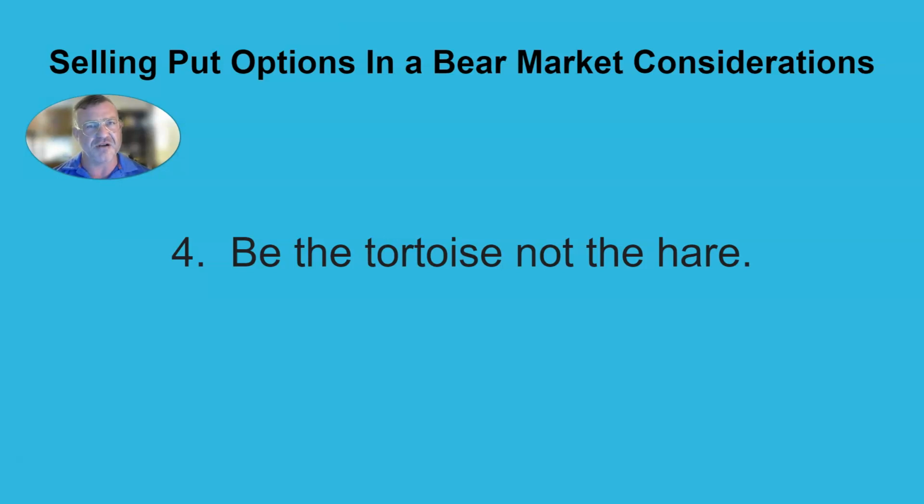Especially if you're a beginner, slow and steady. Be the tortoise. Trust me, you will make money if you're the tortoise. If you stick with things, you do things properly, you control the things that you can control, which is basically mitigating your risk, you're going to end up making money. But focus on buying assets, be the tortoise.